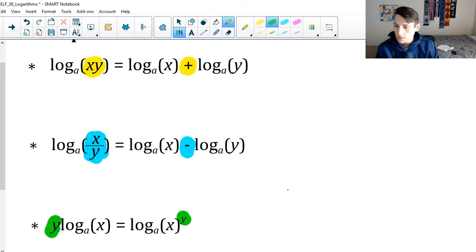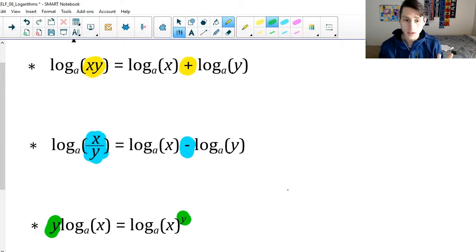Okay, so some nifty little properties that are going to help us do various things and solve some types of equations. Yeah, hopefully these are vaguely familiar. Vaguely. If not, okay too. We'll figure it out. Okay.